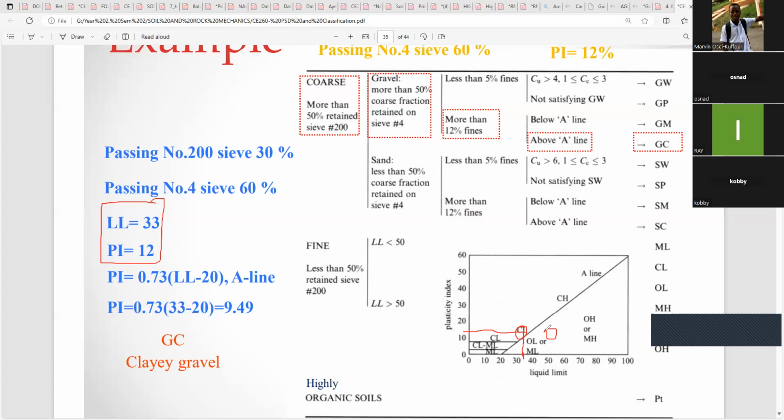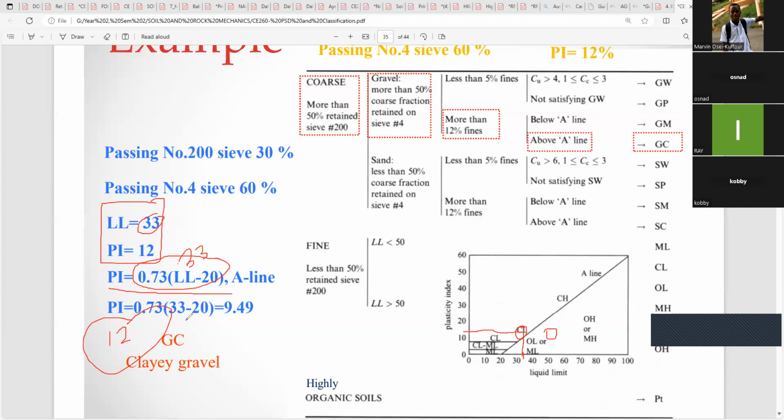And we have an equation that will help you to check too. This is the equation. It's like an equation of a straight line. What it does is that when you put the PI here, which is 12, and you calculate the equation of the line with the LL value here, if the result that you get is greater than this, it means that it will fall below the line.